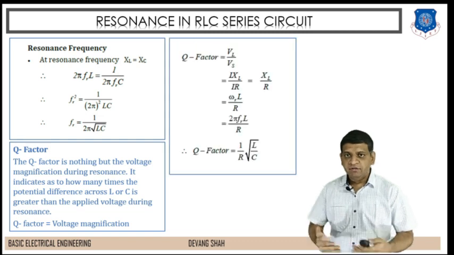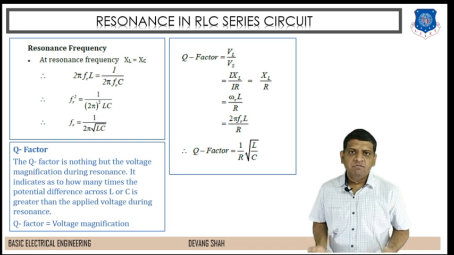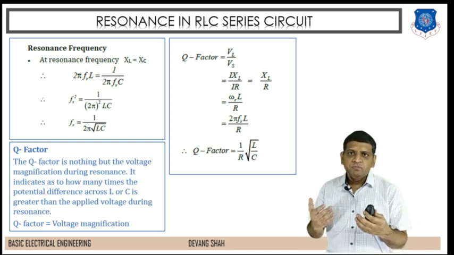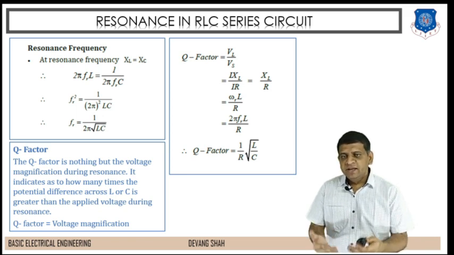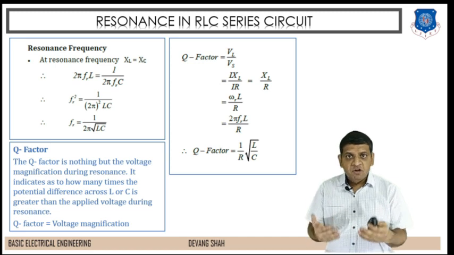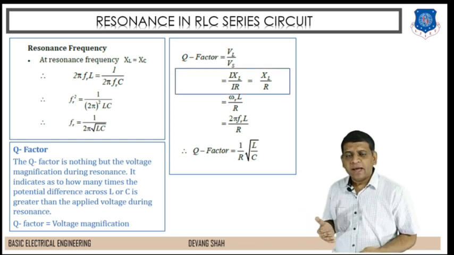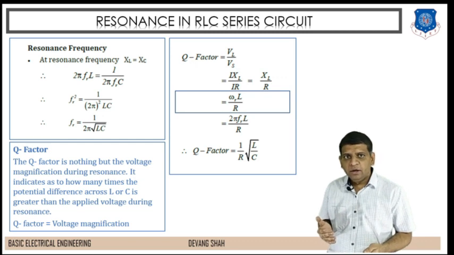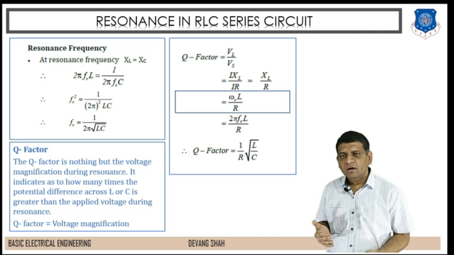So here we define the Q factor. Q factor is equal to VL divided by Vs, or you can also write Vc divided by Vs. From this, VL is equal to I into XL and Vs is equal to I into R, so that is equal to XL divided by R. Where you put XL is equal to omega R into L divided by R, where omega R is equal to 2 pi Fr, right?